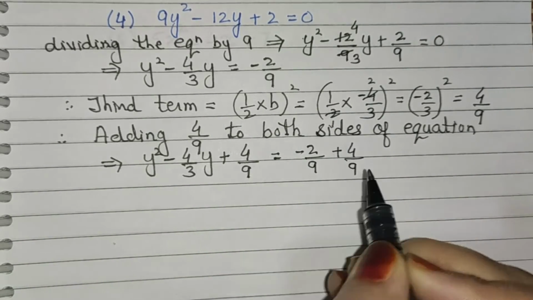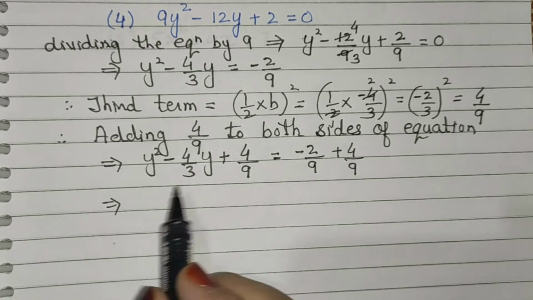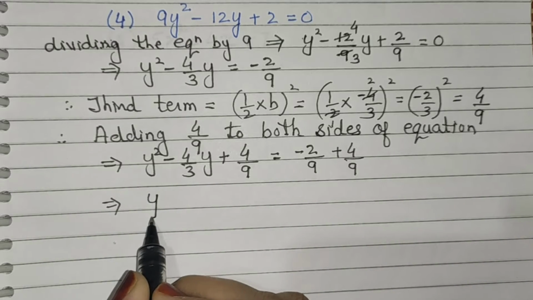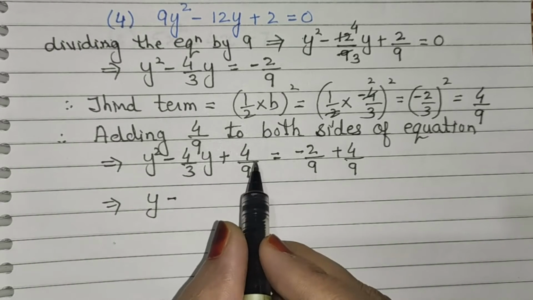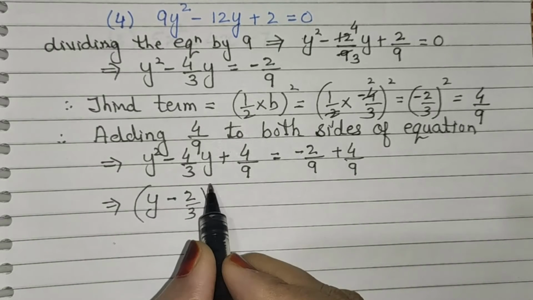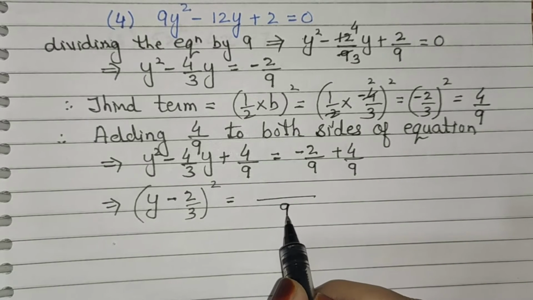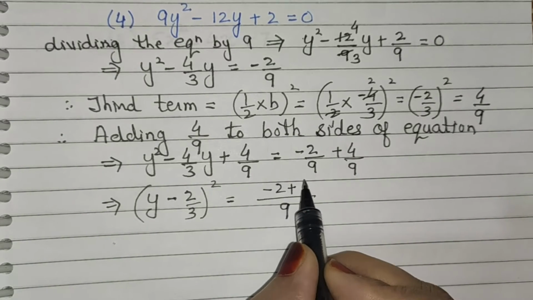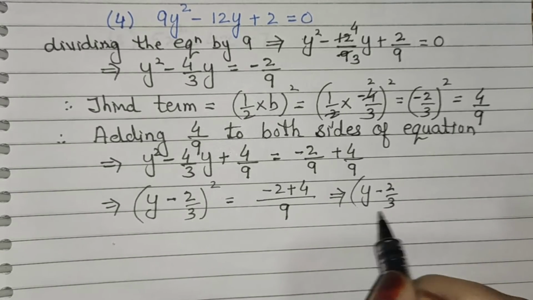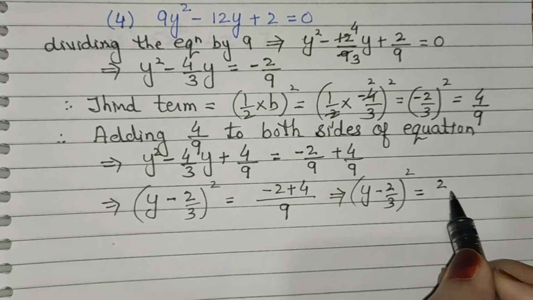plus 4 upon 9. Now, it is an expansion form of, now the middle term is minus, therefore we can write here first term y, sign of the middle term minus, and square root of 4 upon 9 means 2 upon 3 whole square is equal to, now add this, take LCM, 9, minus 2 plus 4, we get here y minus 2 upon 3 whole square is equal to minus 2 plus 4 means 2 upon 9.